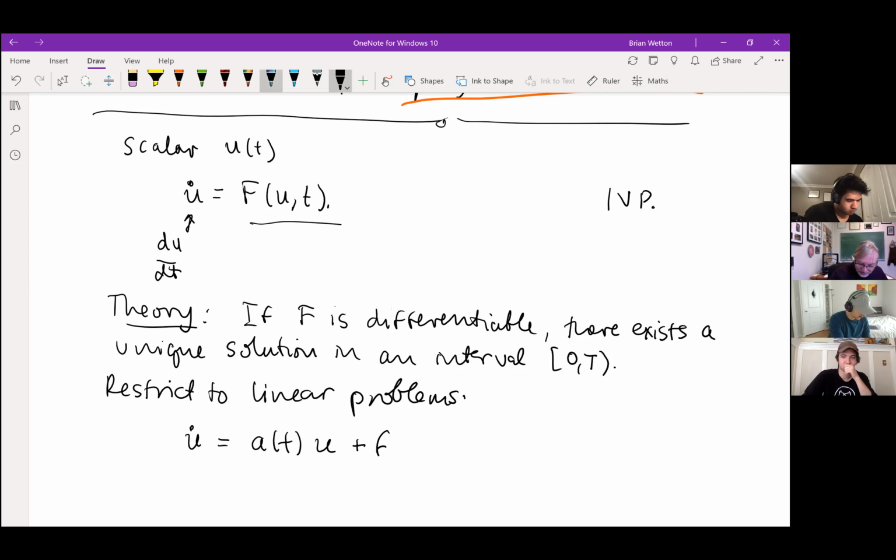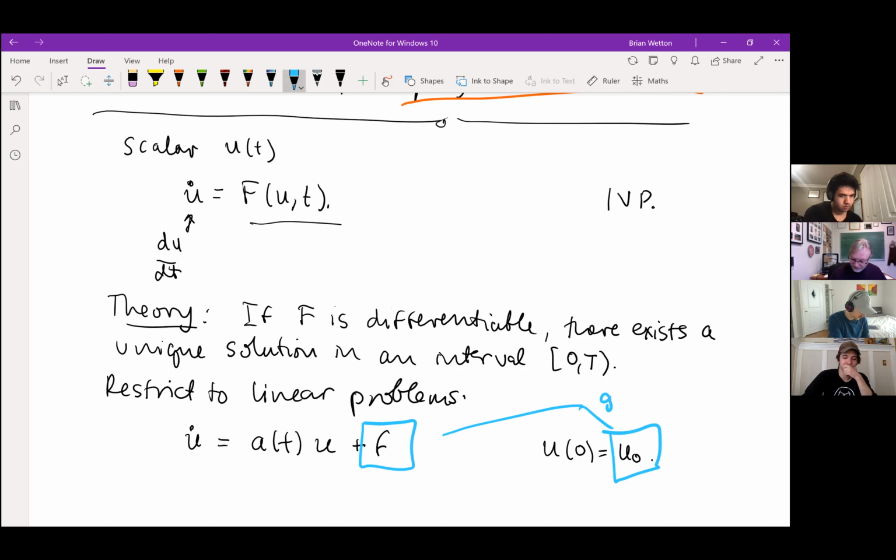Here is the data, and here is a different type of data. So these are going to be given data. I've got two types of data. There's no PDE, there's no boundary value, so there are only those two in this simple example.